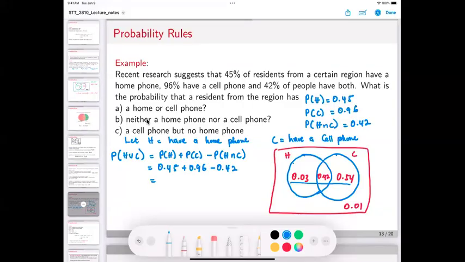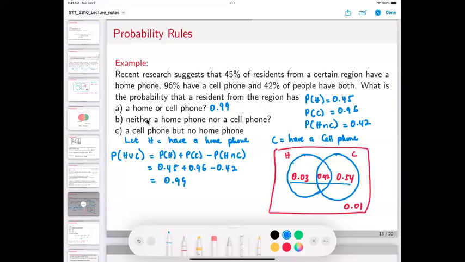What do we get? 0.99. So here is going to be what? 0.99. Is that okay?